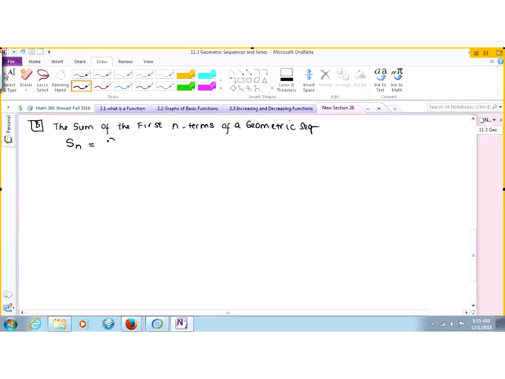So Sn is equal to A1 times 1 minus R to the n divided by 1 minus R. But this is not true for R equals 1. So R cannot be equal to 1. And we could actually prove this. Yeah, this is not hard to prove. But I'm not going to do it today. So this is like the thing you do with Gauss. Yeah? Okay.